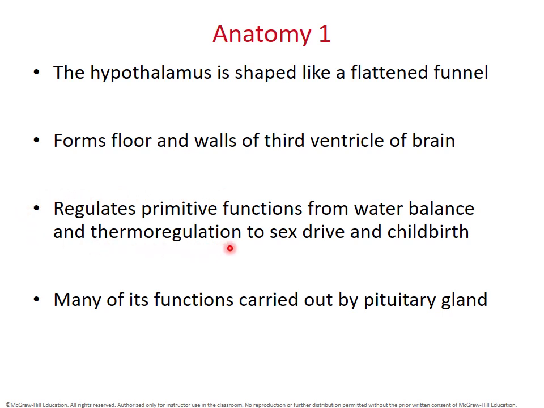It is a control center for the autonomic nervous system. It is a seat of thirst, seat of hunger, seat of sex drive, seat of aggression. It's the body's thermostat regulating body temperature, and so on and so forth. So many, many very important basic functions carried out by the hypothalamus.